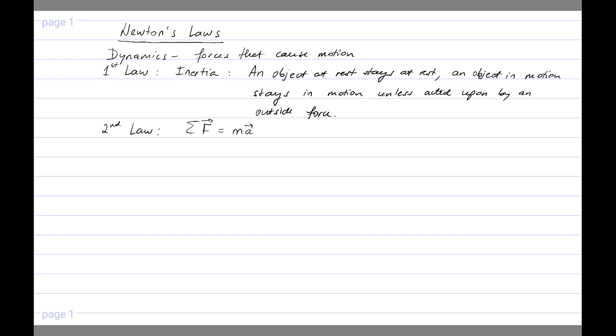Now, forces have a generic symbol F, and again it is a vector, so there will be a magnitude and a direction associated with it. Forces are measured in newtons. The symbol for newtons is just capital N. m is the mass of an object.